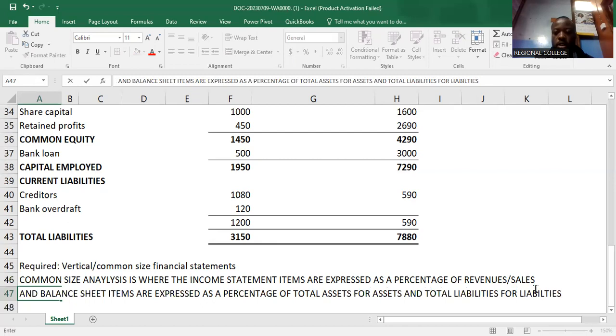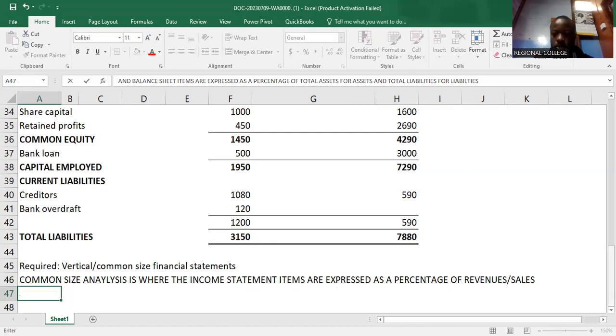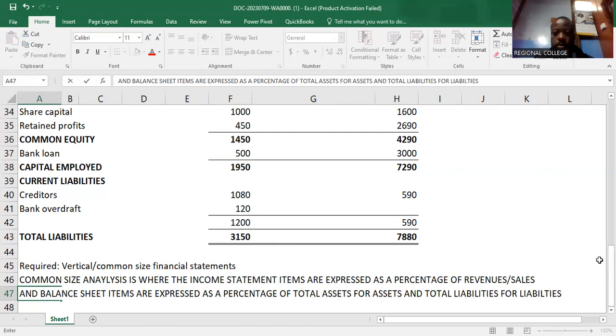So that is how you can do the vertical analysis.